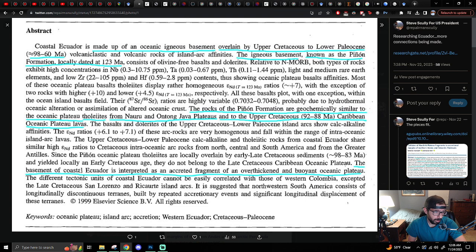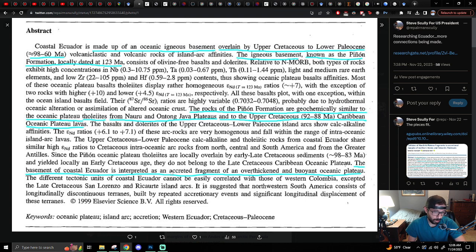The basement of coastal Ecuador is interpreted as an accreted fragment of an over-thickened and buoyant oceanic plateau. So they interpret it to be an accreted fragment, like shoved on there, kind of like Siletzia, if you've seen some of my other videos, or if you follow Nick Zentner's channel, he talks about Siletzia a lot.